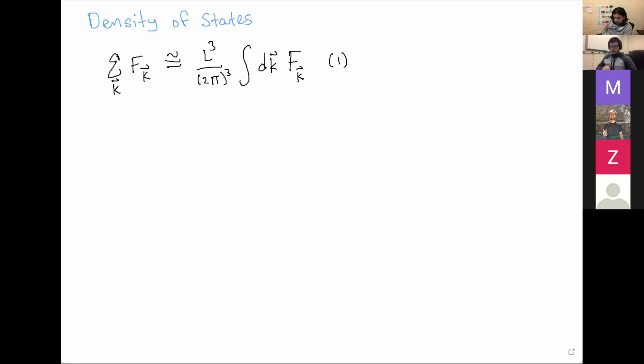And then the most important function that we're going to use is the density of electronic states. There's a whole set of density of states functions. The one that I want to talk about right now is called the density of electronic states.